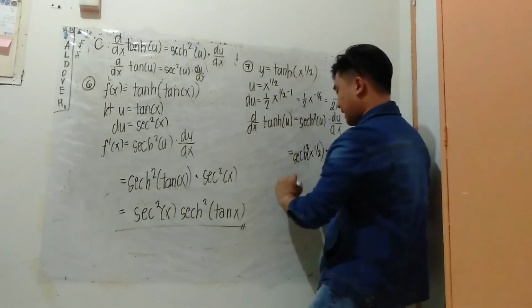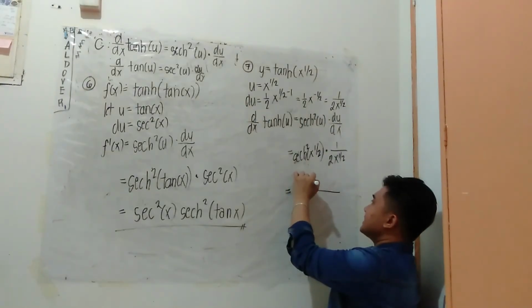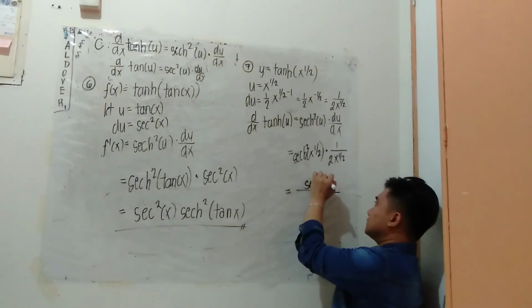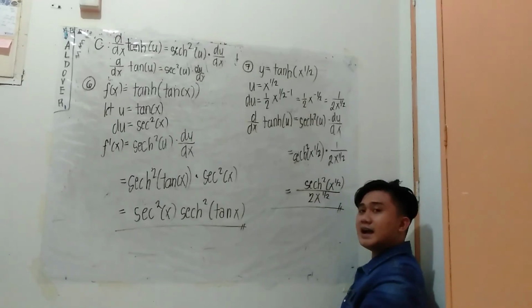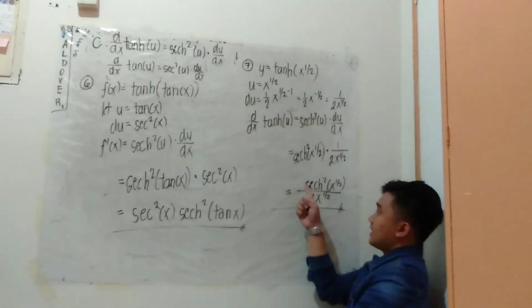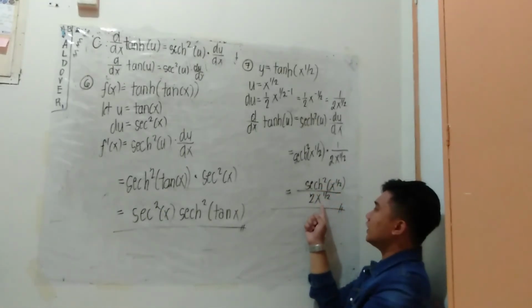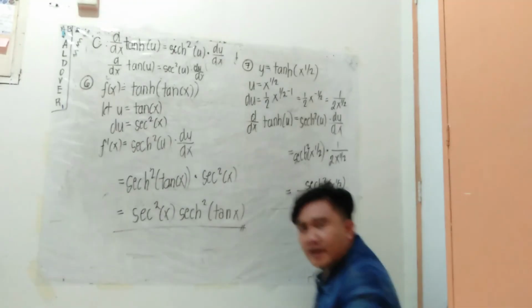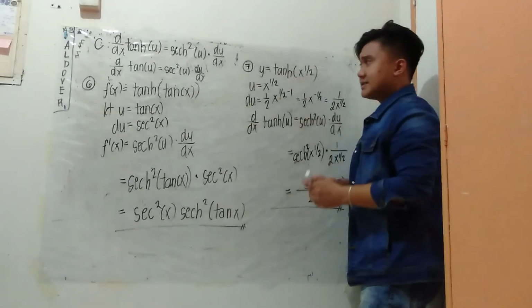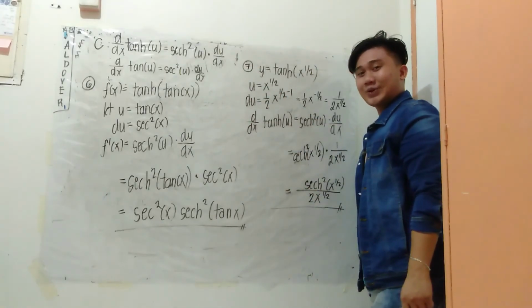So, simplify ko lang. So, our final answer is hyperbolic secant squared of x raised to 1/2 all over 2x raised to 1/2. And these are the examples for hyperbolic tangents. So, copy your notes.